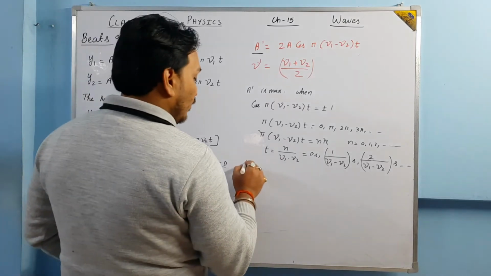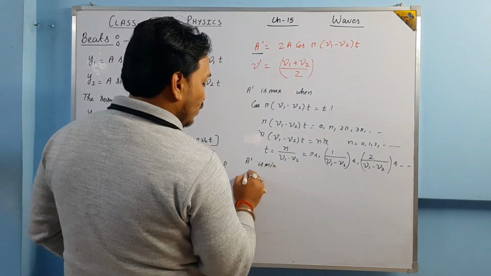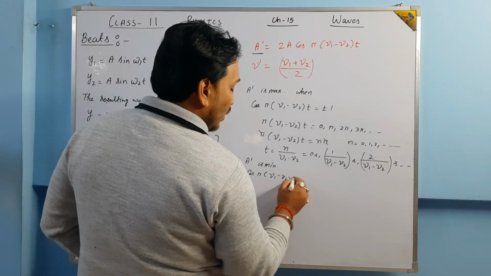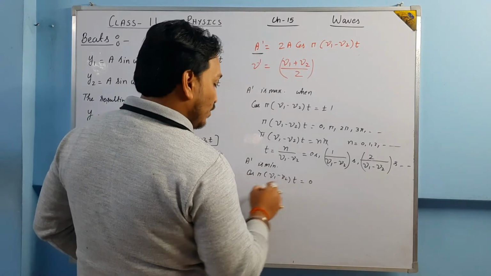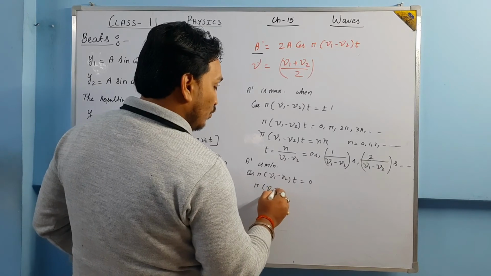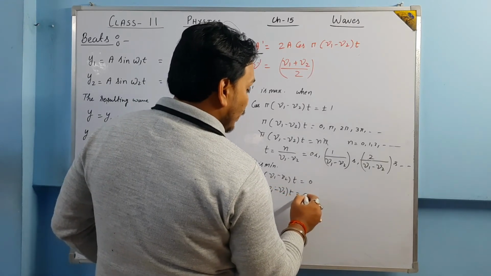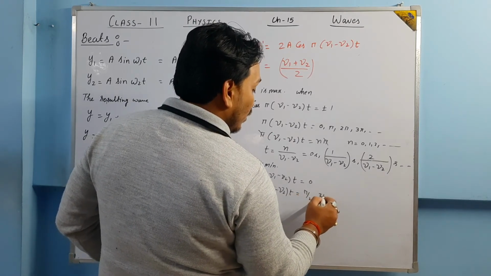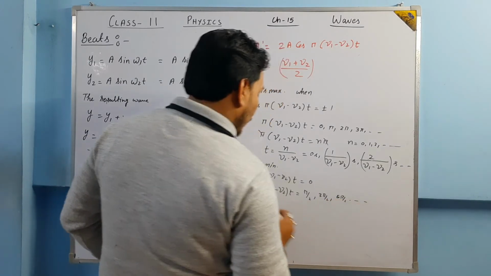Moreover, A dash is minimum when cos pi (nu1 minus nu2) into t is equal to 0. And when it is equal to 0, pi (nu1 minus nu2) into t is equal to pi by 2, then 3 pi by 2, then 5 pi by 2 and so on.